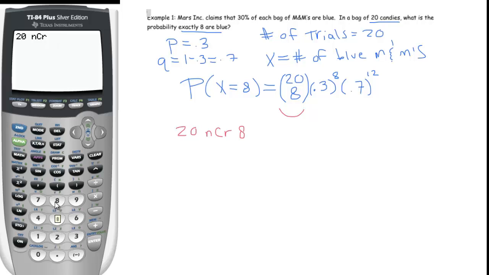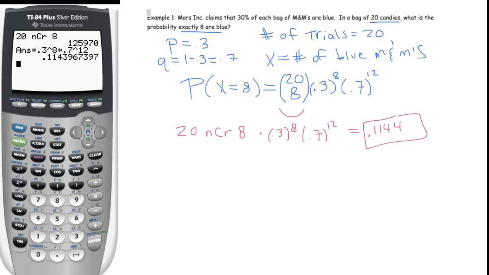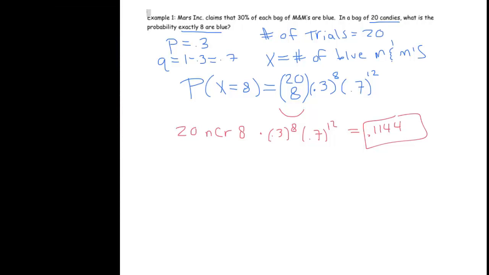You can press enter here if you'd like. So that's a big number. Then we multiply that by 0.3 to the 8, and times that by 0.7 raised to the 12th. You end up getting 0.1144. So there's a way to do that on your calculator. I'm going to show you in the next slide a quicker way to do that.